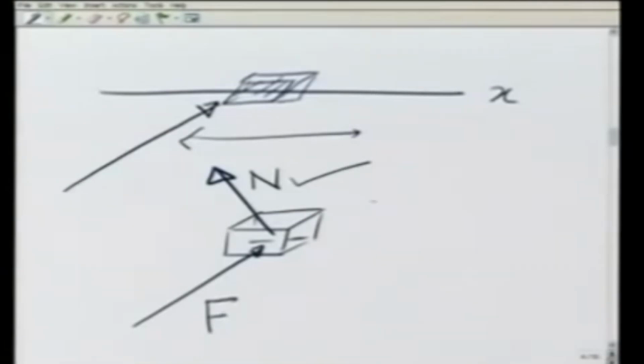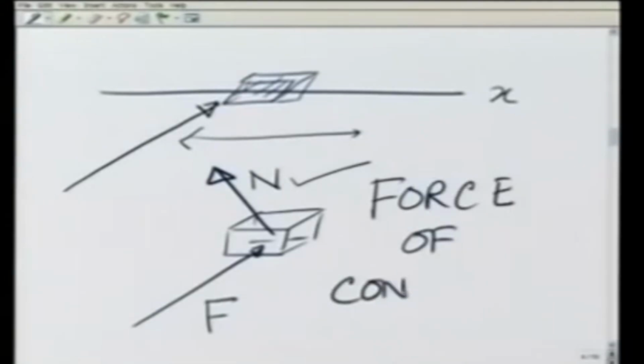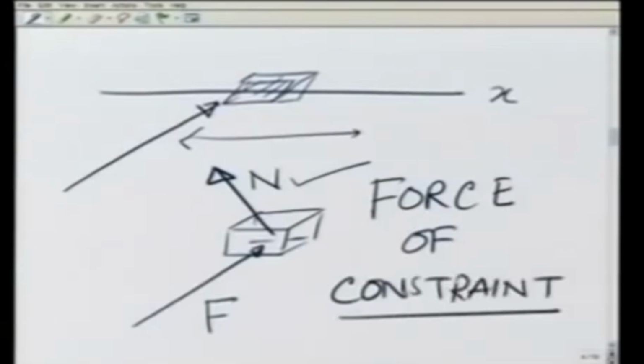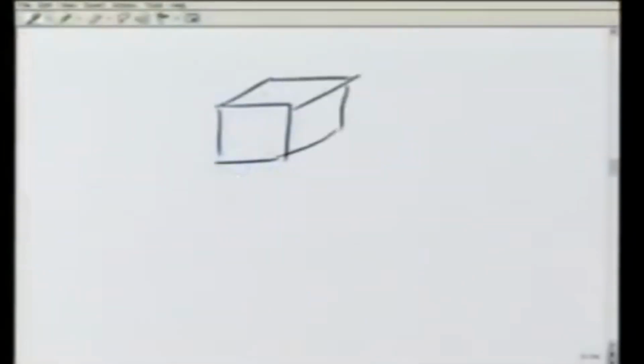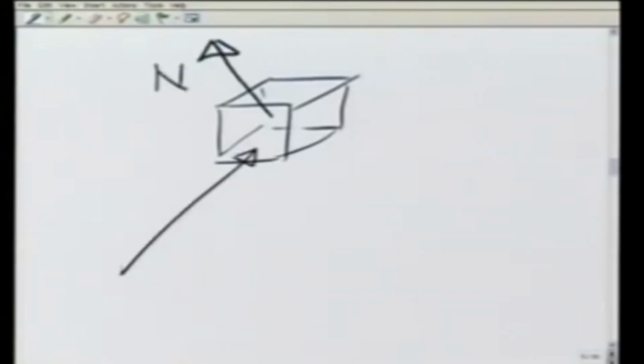This is called the force of constraint. To recap, the effect of this wire on this body, I'm making it slightly bigger now, is just to produce a force N, or a force of constraint. If you look at this body, I have replaced the wire by this force of constraint.